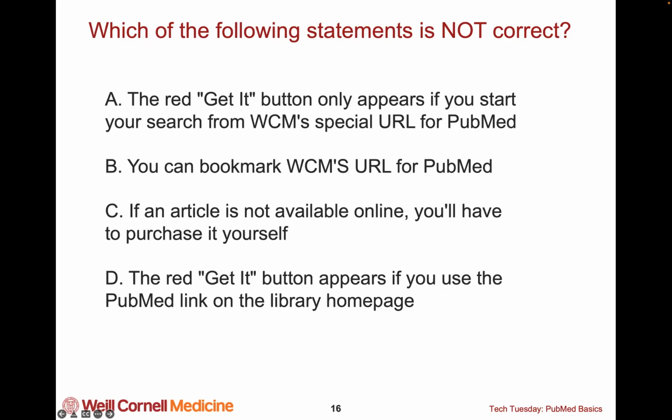In fact, I encourage you to do so. I have it bookmarked just for easy access. The Get It button only appears if you're starting with Weill Cornell's special PubMed URL. It won't show up if you just go to pubmed.gov. Okay.